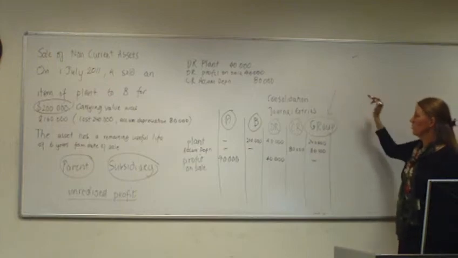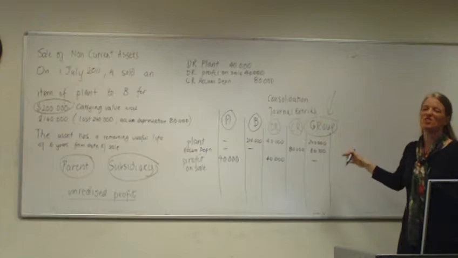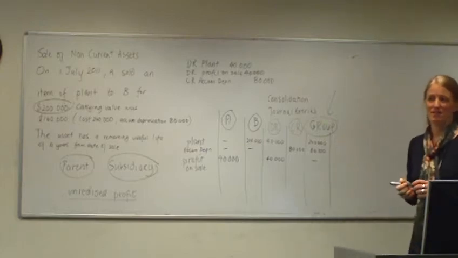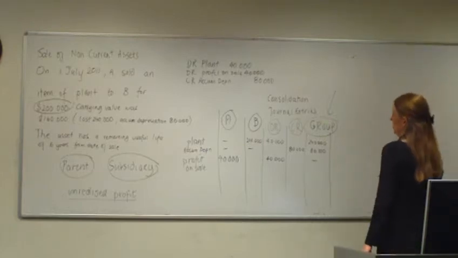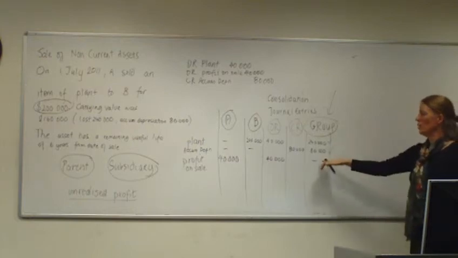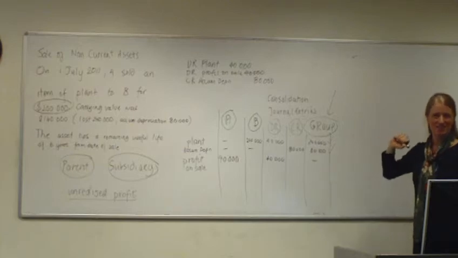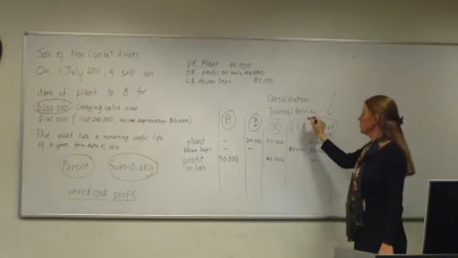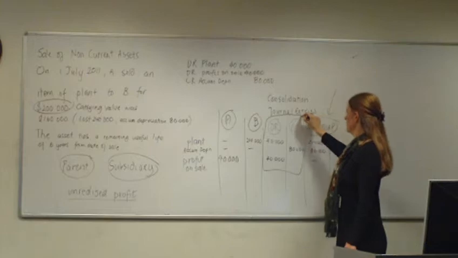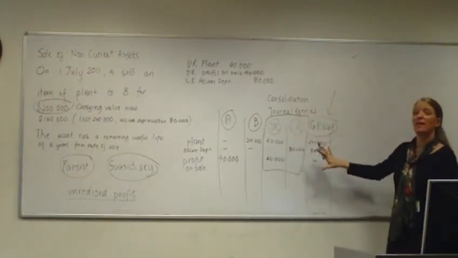In the books of the group, we want everything to be there as though the sale didn't take place: the original cost, the accumulated depreciation, and no profit on sale. So we need to do journal entries which give us this end result.